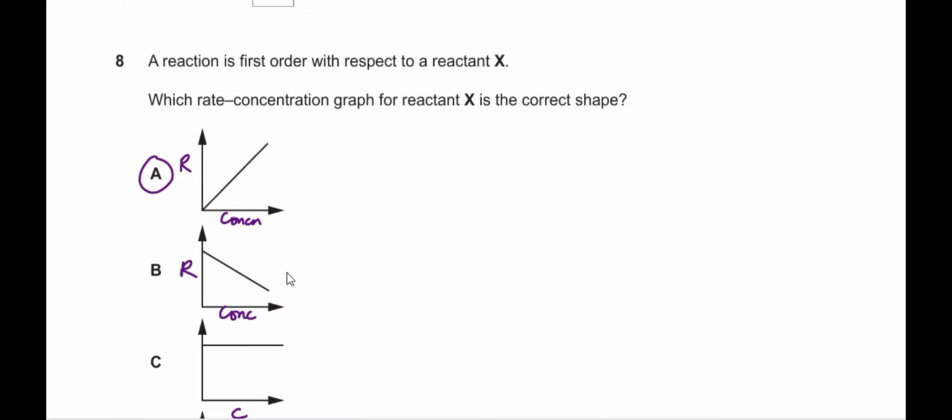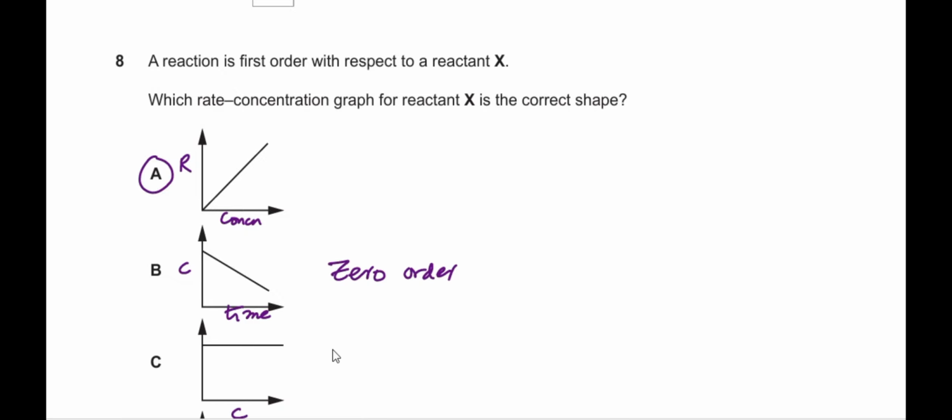What could happen is, if I mark this as a concentration time graph, with concentration on the y-axis and time on the x-axis, then it could be a relevant diagram where the concentration of the reactant decreases when the time increases. That means it is a concentration time graph showing a zero order reaction with respect to a particular reactant.